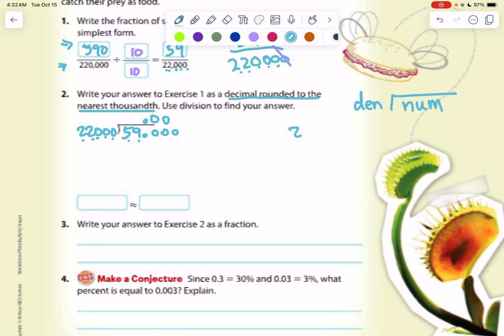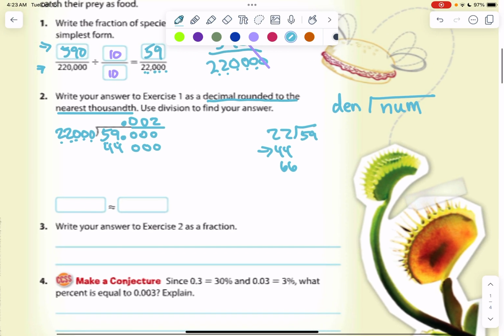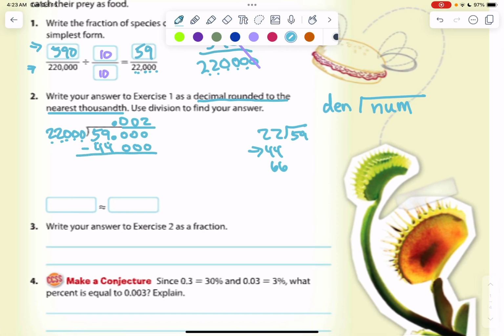I'm going to think about 22 into 59. Well, 22 times 2 is 44, and 22 times 3 is 66. I need this one. So I'm going to pop a 2 up here. 2 times 22 is 44, but really it was 22,000. Subtract. Remember, it's divide, multiply, subtract, bring down, repeat.